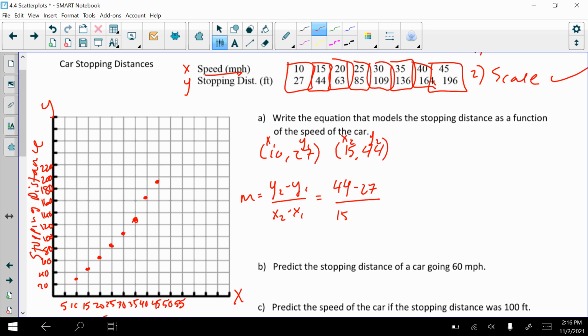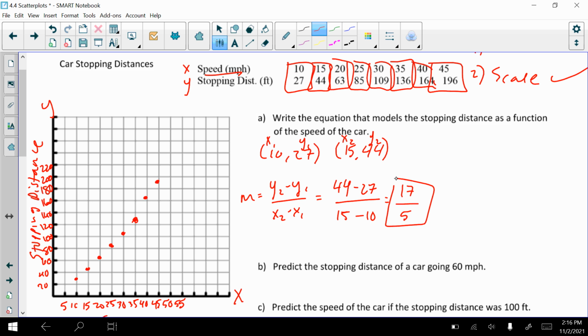X2 is 15 minus x1, which is 10. 44 minus 27, that's 17. And 15 minus 10 is 5. So here is the slope of that line, 17 over 5.